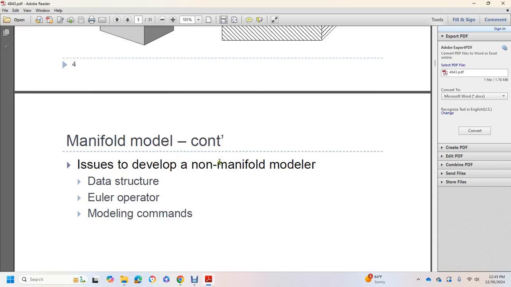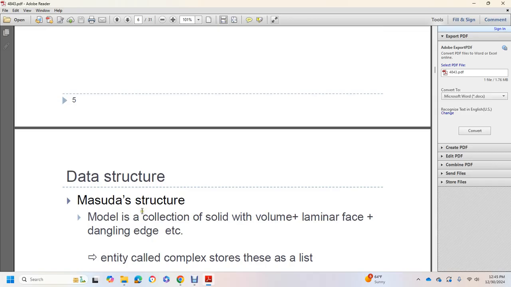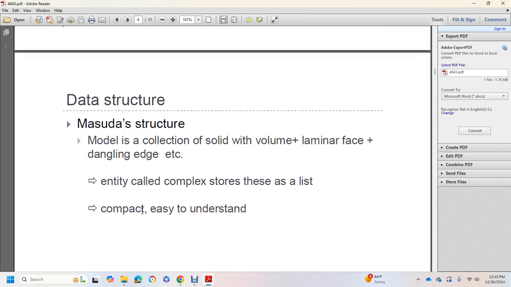Non-manifold model, continued. Issues developed with a non-manifold model: data structure, Euler operators, and modeling commands. Data structure: Masuda's structure. A model is a collection of solids with volume plus laminar faces and dangling edges, etc. The entity is called a complex. It is compact and easy to understand.